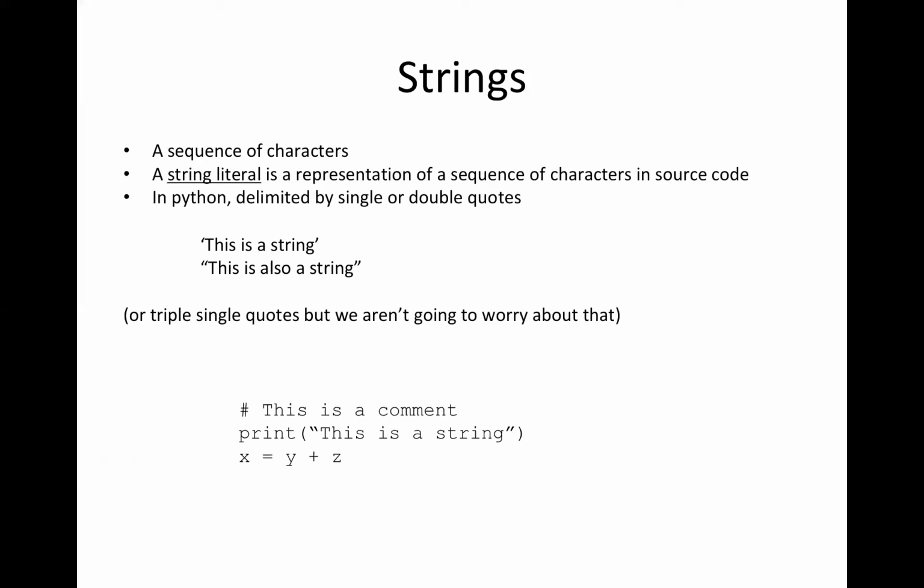So what's the difference between the characters you're just typing as code versus the characters that are the string? When they say string literal, that means it is a chunk of characters that I want to treat as an object. It's not code itself. It's like a number, or something that I want to do something with.